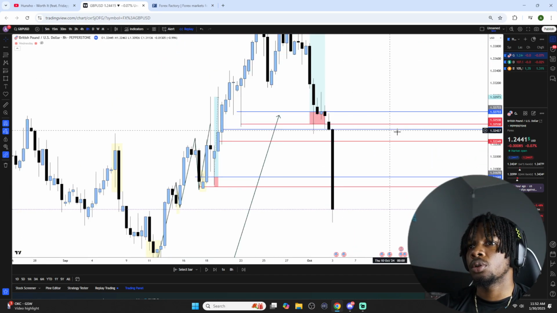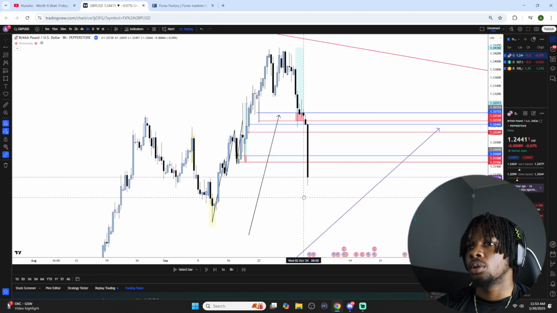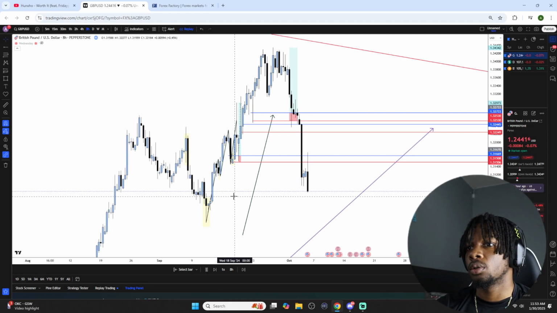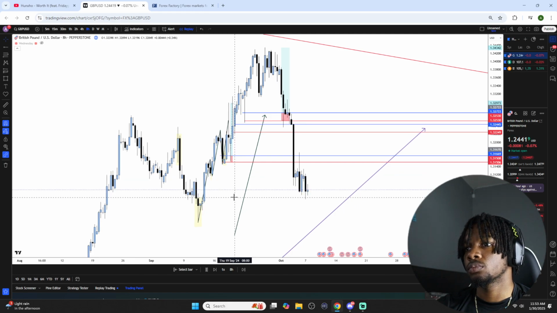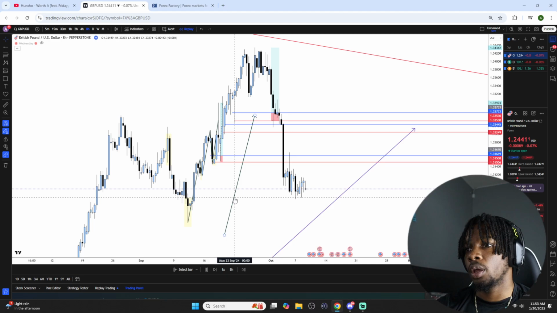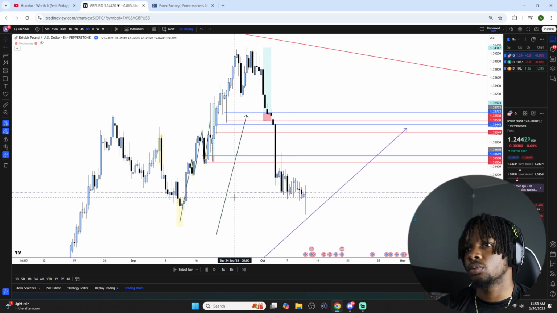Okay. Since I see that the market is shooting all the way down, then I believe that it's going to this low right here. Okay, tap that. Let's see what it does from here.